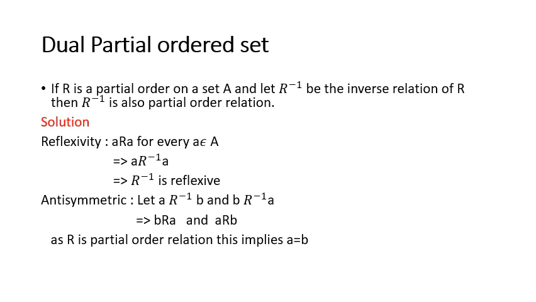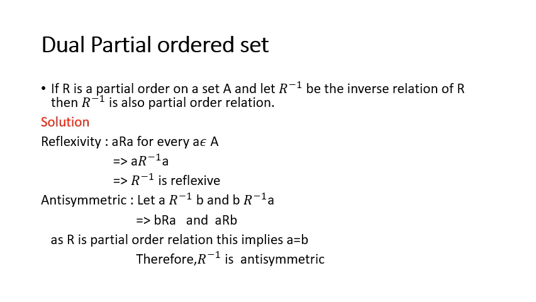That means if B related to A and A related to B, then since R is a partial order relation, this implies A is equal to B. So that is also what we need in our R inverse. So if A is equal to B, then we can say that R inverse is also antisymmetric.